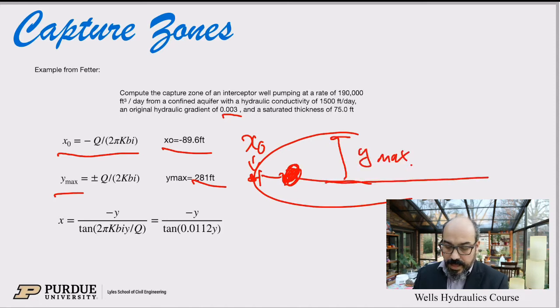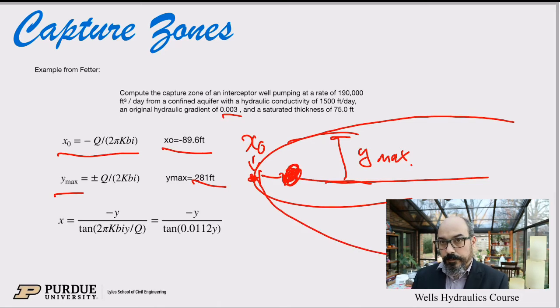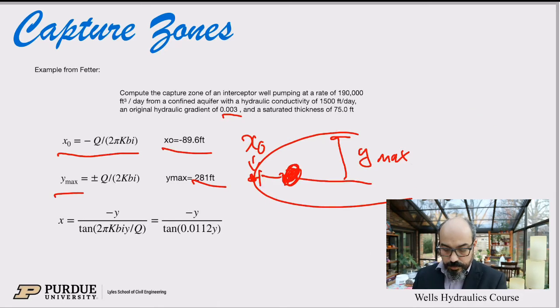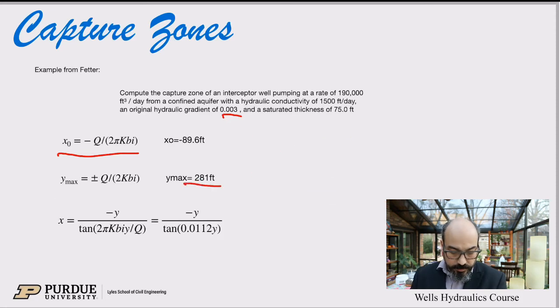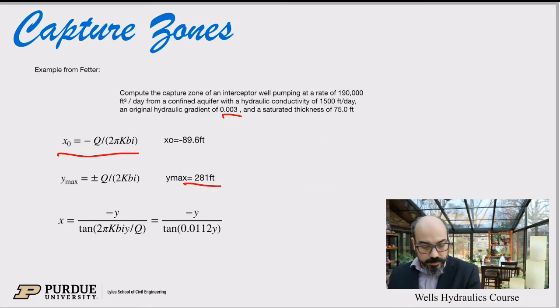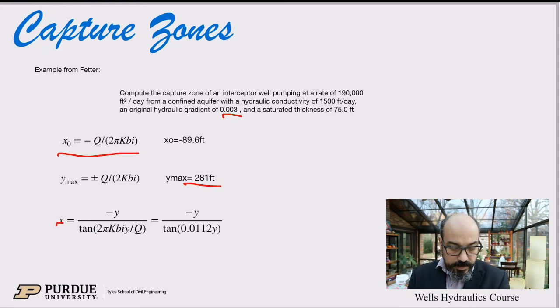So this is really the half width, since there's a symmetric capture zone. Ymax is that half width of essentially 281 feet. And then you can draw those lines, because now you have x as a function of y only if you replace all the constants. So you could draw this whole flow net, if you will.